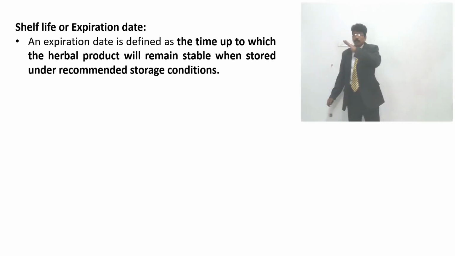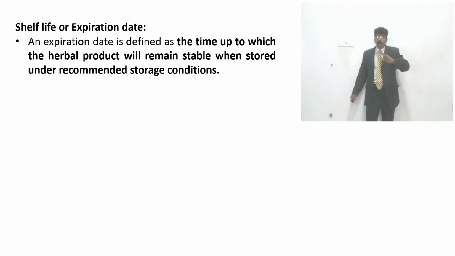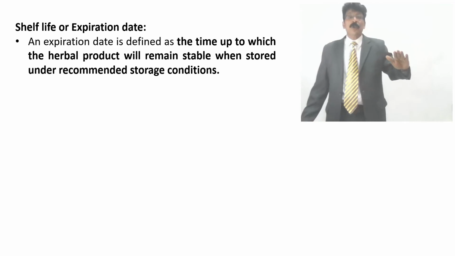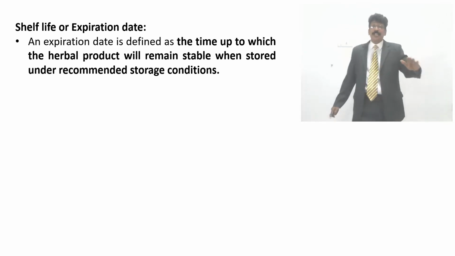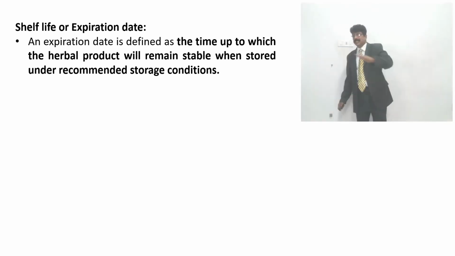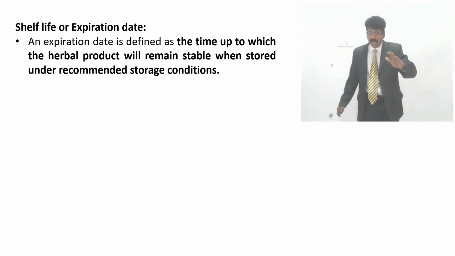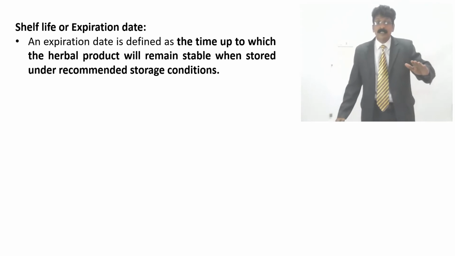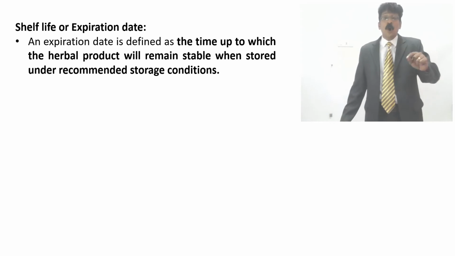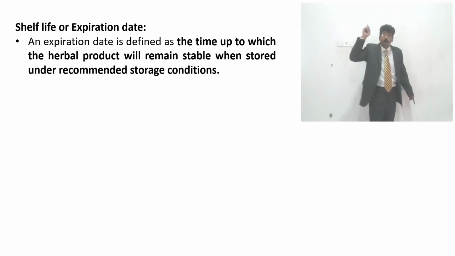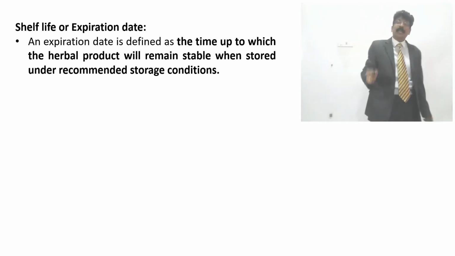When you complete all these stability studies, that is when you tell it is the expiry date. So expiration is the time up to which the herbal product remains stable when stored under recommended storage conditions. This phrase we are using.